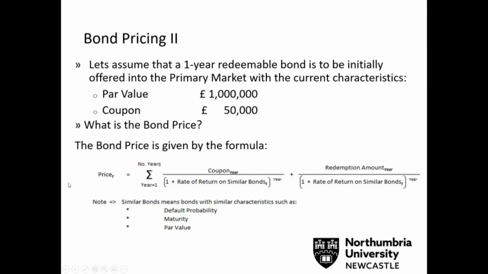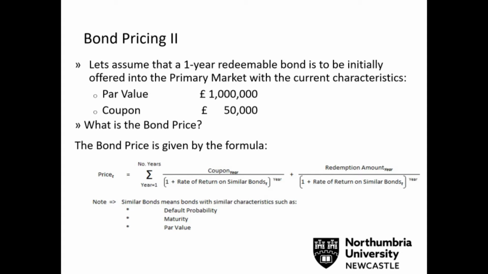Now this bond has a simple timeline. It has an annual coupon, therefore you buy the bond at the start of the year at time 0, then at the end of 1 year what you will receive is the par value back, the 1 million, plus the 50,000.